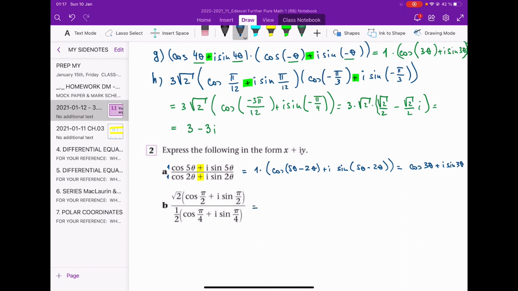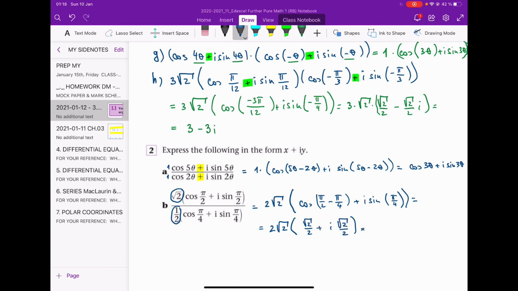And in here the same, but I need to divide these numbers. So when I divide this, I will get 2 times root of 2, and cosine pi over 2 minus pi over 4, which is pi over 4. You can just write it straight away. And in this case, I can simplify it. So 2 root of 2 cosine pi over 4 is root of 2 over 2 plus I root of 2 over 2.